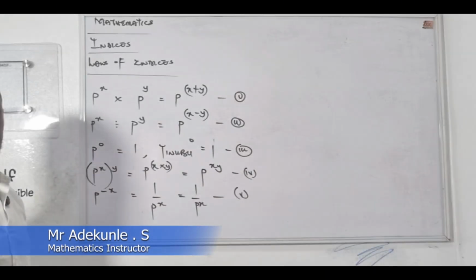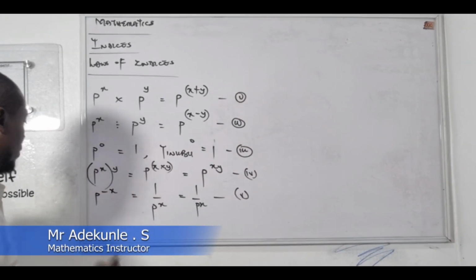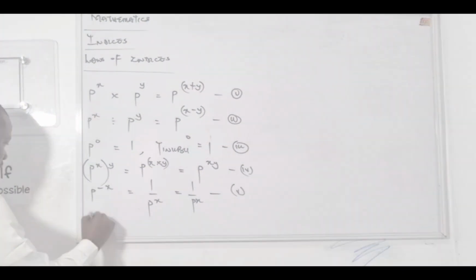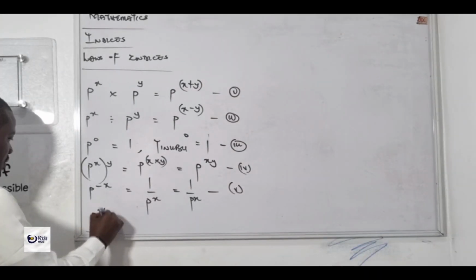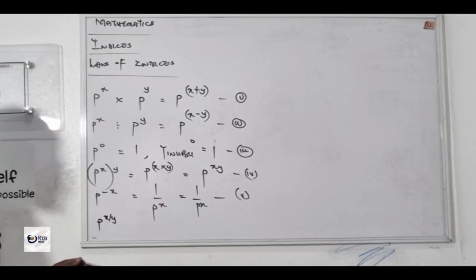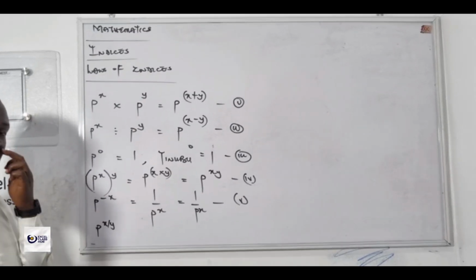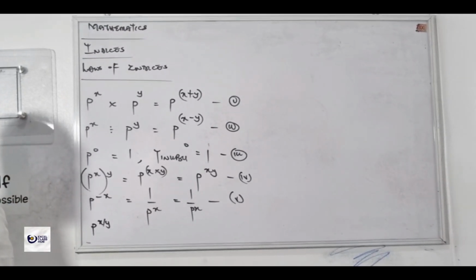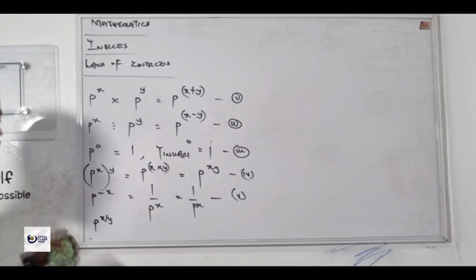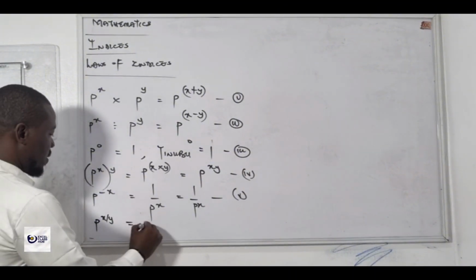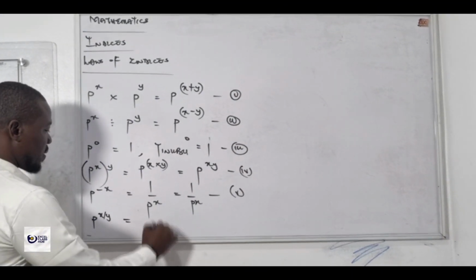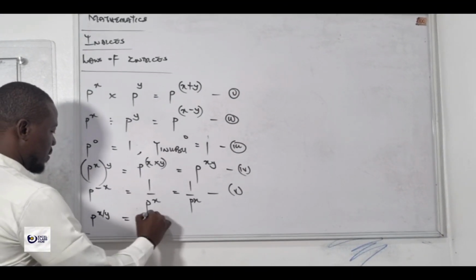So let's take the last law. We have something like this: P raised to power x over y. This P here still remains the base. The power there is x over y. So you can put this P, which is a base, in a root sign.